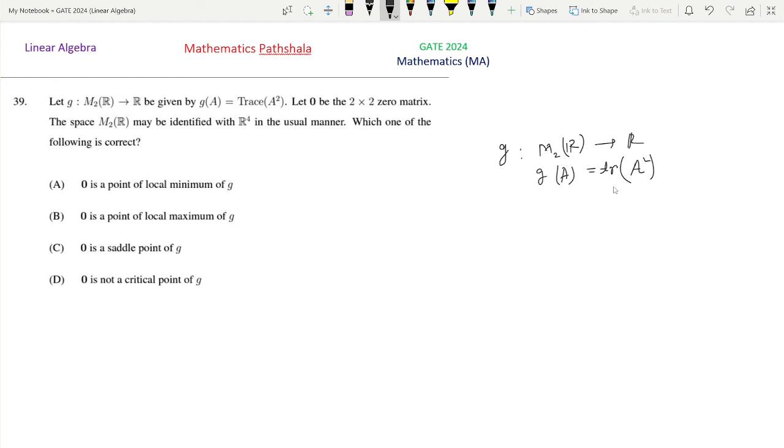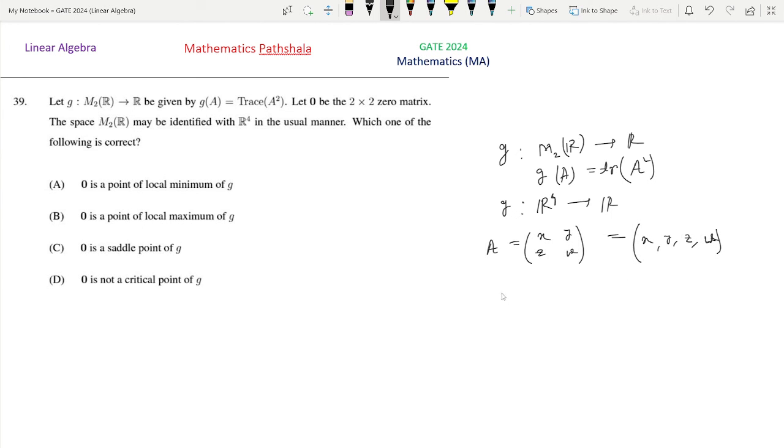As given in the question, we can identify M2(R) with R4. If we take a matrix A equal to, say, x, y, z, w, a 2 by 2 matrix, we can see that element as an element of R4.